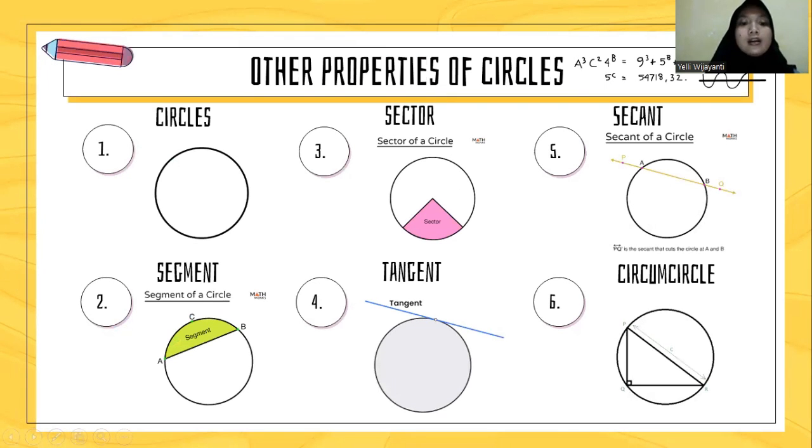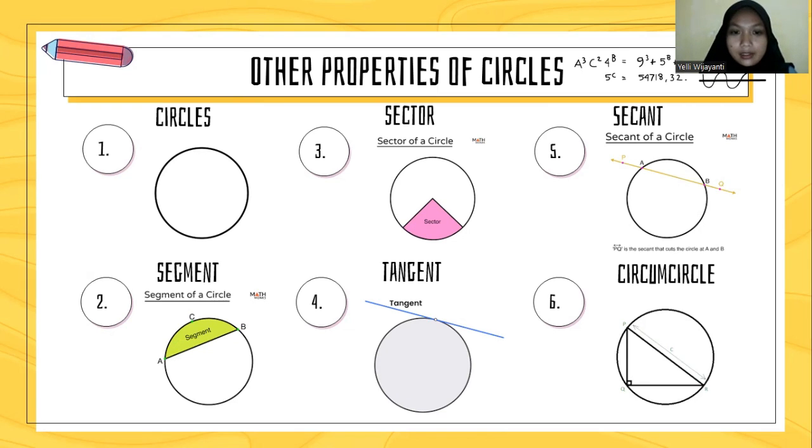Here are the circles. The second one, segment. Here the yellow one is the segment of a circle. And then the third, sector, the pink color is a sector of a circle.